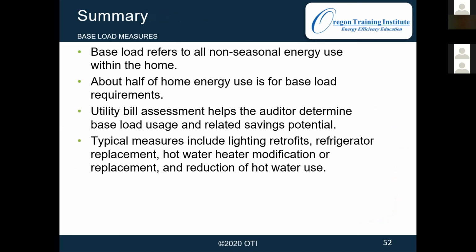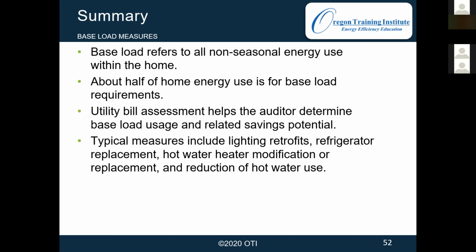We looked at some regular measures for reducing the base load, and there's new technology coming out all the time to help us save on base load, from smarter appliances to just plugging these appliances into smart switches, smart strips that can automatically turn off appliances when they're not being used.